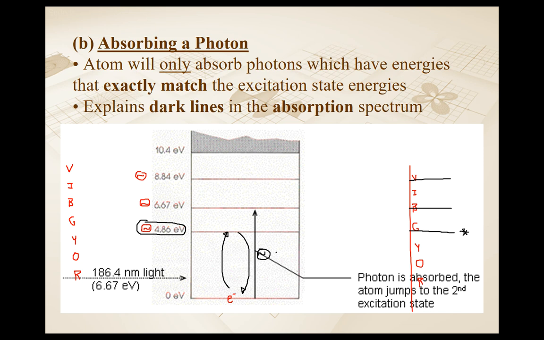So wouldn't that same photon just fill back in that spot and cover up that dark line? Well, it would if that photon was emitted perfectly in the same direction it was being fired. Like if you fired the photon straight towards the right, and then when the electron jumped back down to the ground state, it emitted a photon back in that straight line.